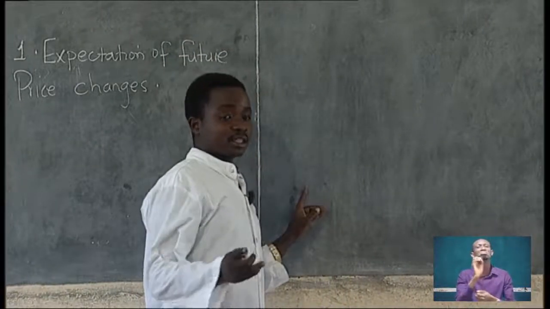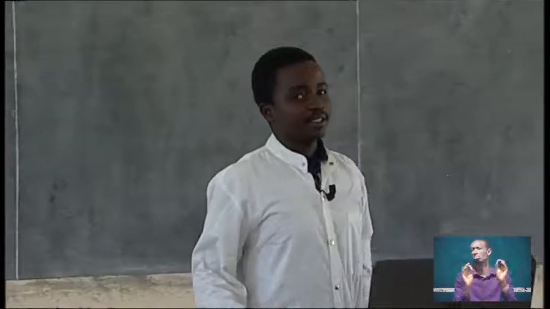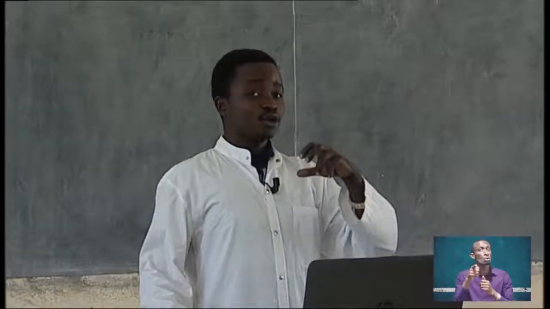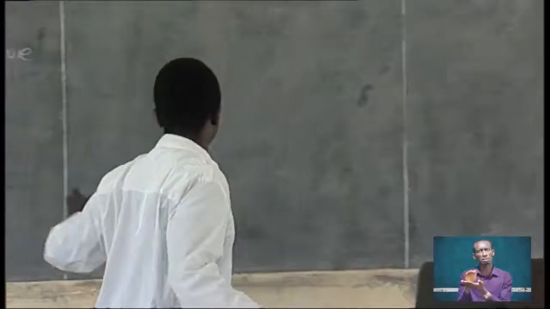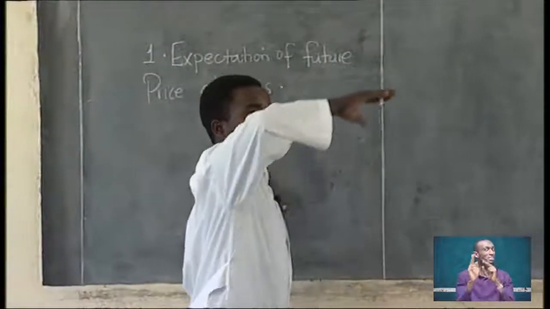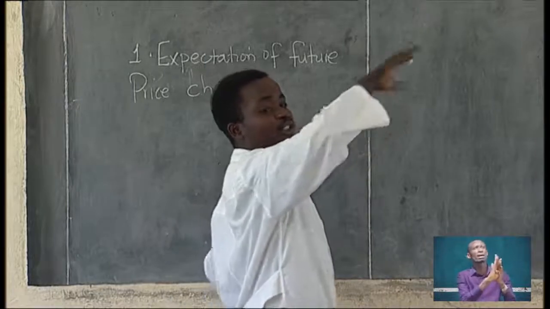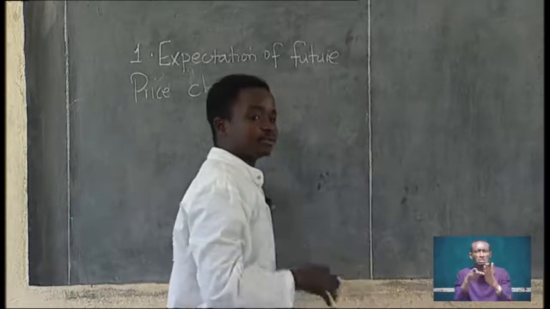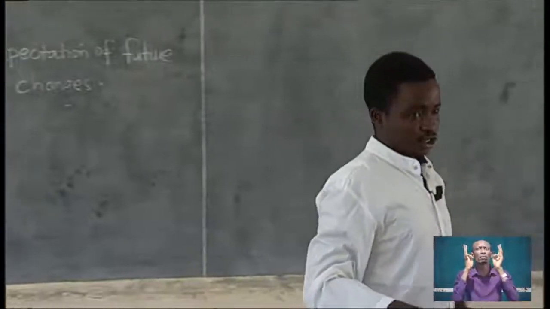So it is not agreeing with the law of demand. Remember, you must know how the law of demand states: at a higher price, we expect low quantity demanded. But in our case number 1, consumers expect prices to keep rising, and they respond by buying more to store.